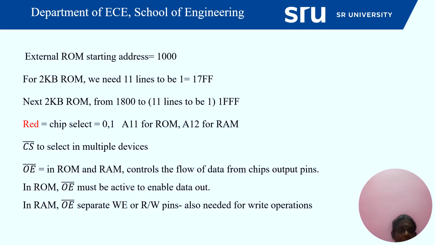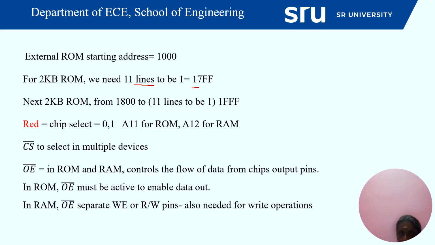And then the external ROM starting address. Whatever I told orally in the previous slide is written here: 1000 starting address. For 2 kilobyte we need 11 lines, therefore 17FF, that is 2 kilobyte, 7FF as I told you.